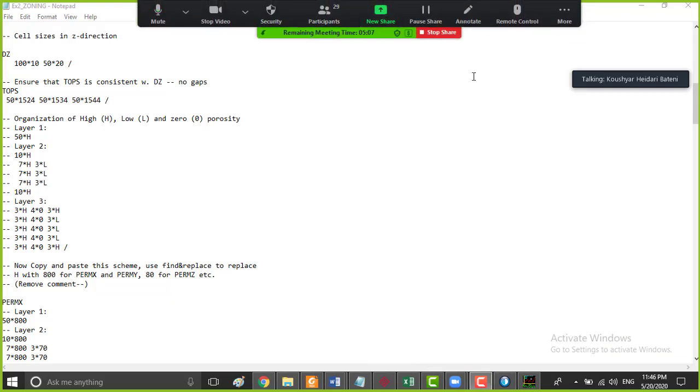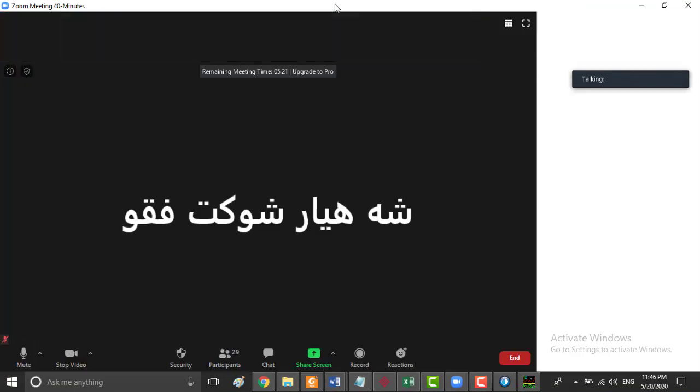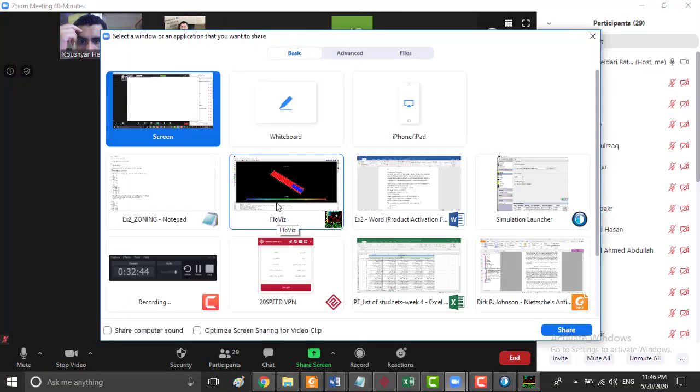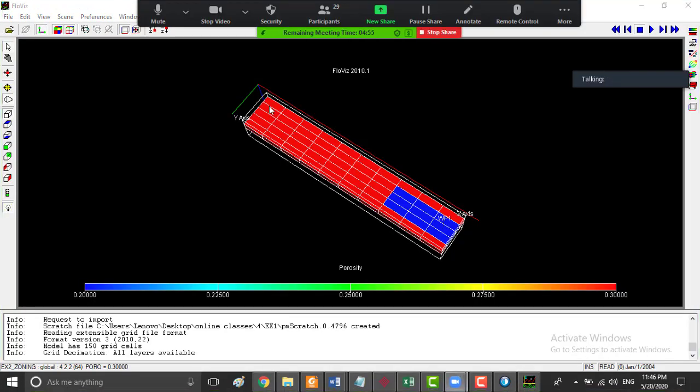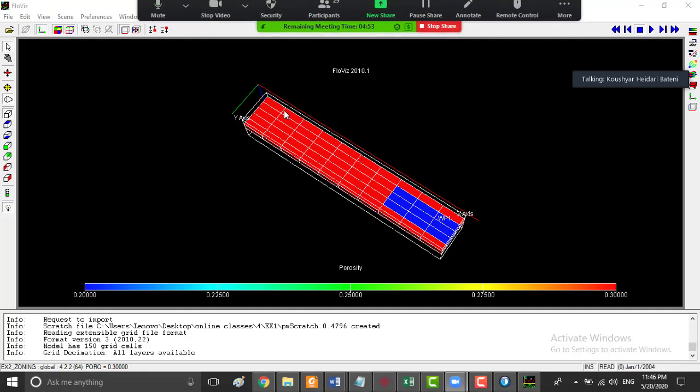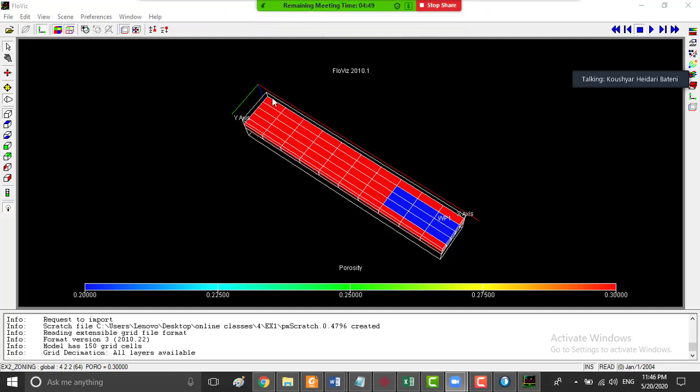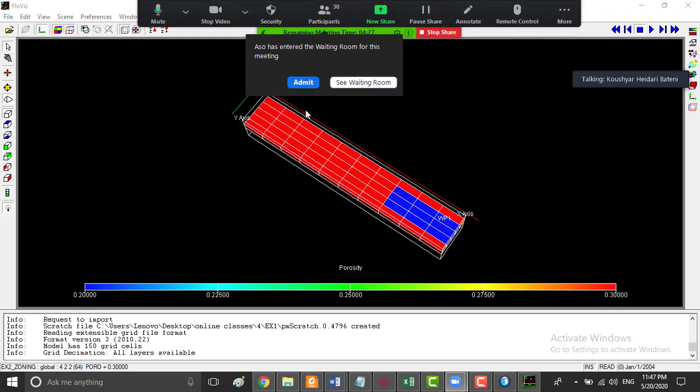So guys, let us go back to the flow window. Now, here for the second layer, we write the property for various cells by considering their order. For the first 10 cells, every cell belongs to the high porosity region. For the next 7 cells, every cell belongs to the high porosity region again. After that, we have 3 cells belonging to the low porosity region.